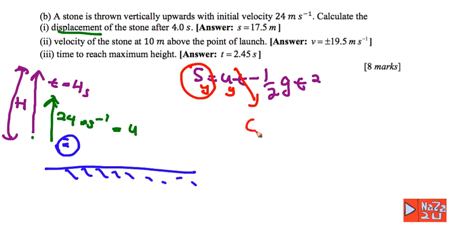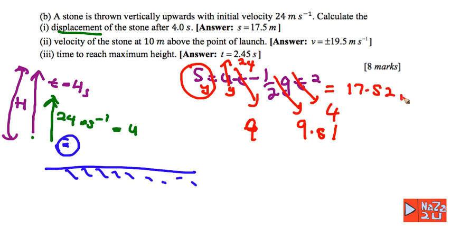So the time t is 4, the constant g is 9.81, and uy is given by the question as 24. Now you can use the calculator to find sy, which is 70.52 meters. So this is the displacement of the stone after 4 seconds, right?